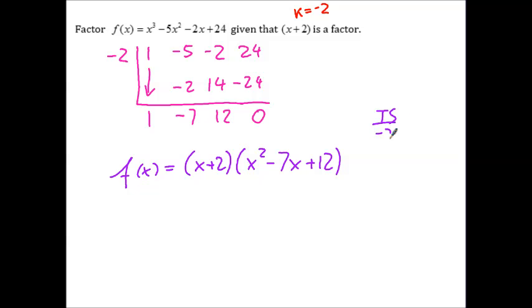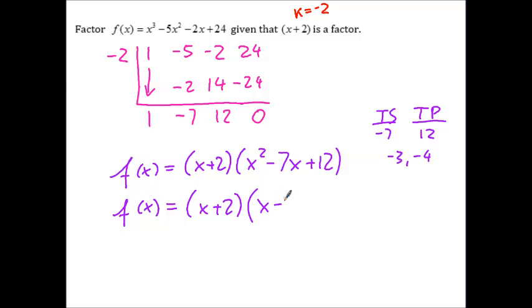Target sum is negative 7. Target product is 12. And that gives us the two numbers, negative 3 and negative 4. So then we can write the fully factored function f of x is equal to x plus 2 times x minus 3 times x minus 4.